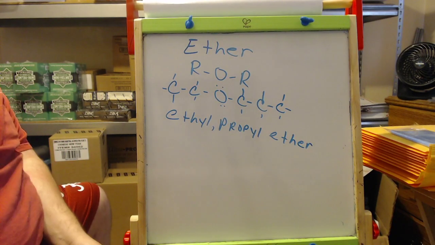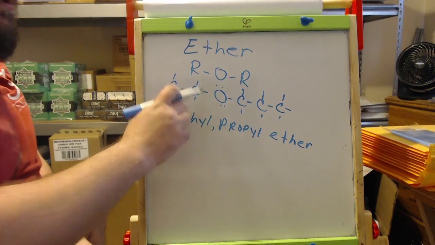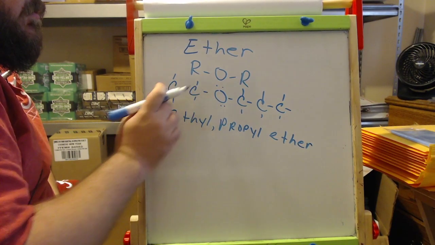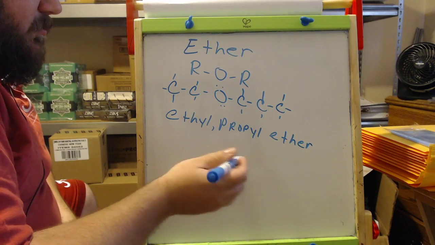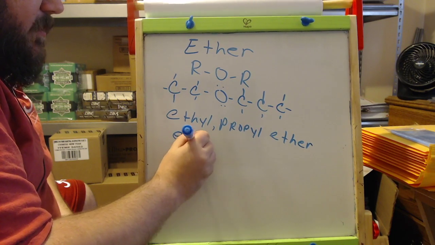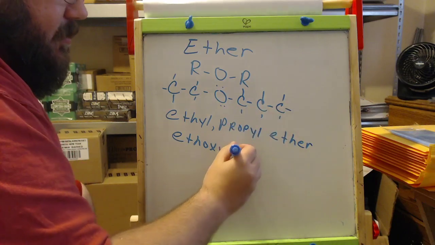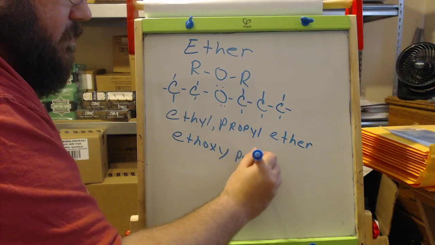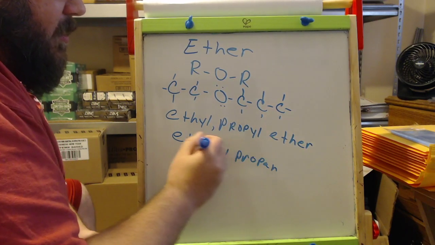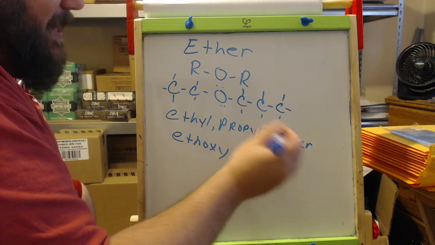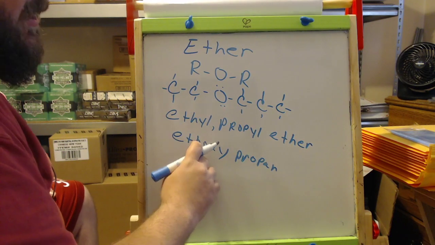Another way to do it is take one of these, doesn't matter which one, and put the word oxy at the end. So this could be ethoxypropane, or you could have called it propoxyethane, but usually the shorter chain gets the ethoxy.